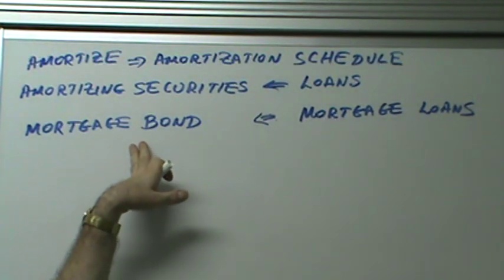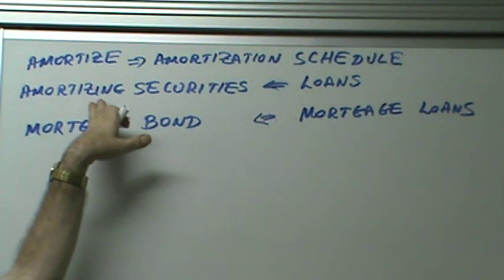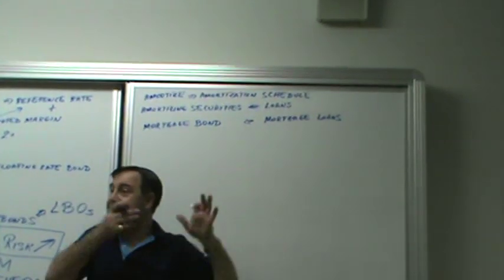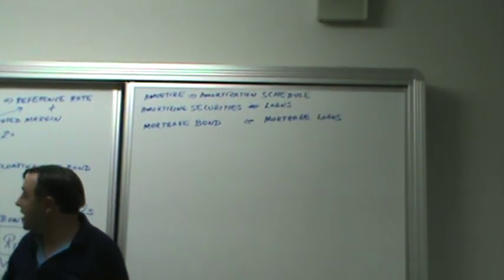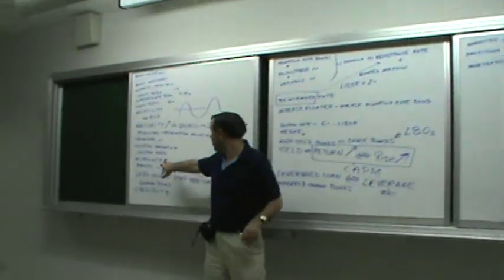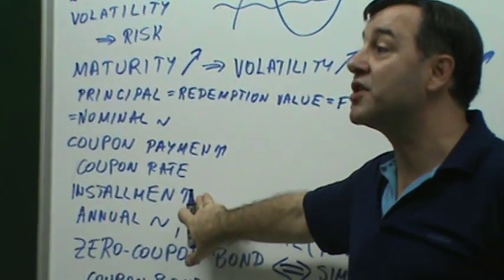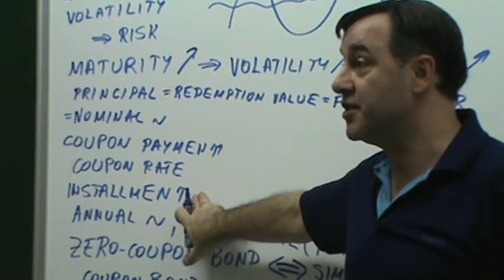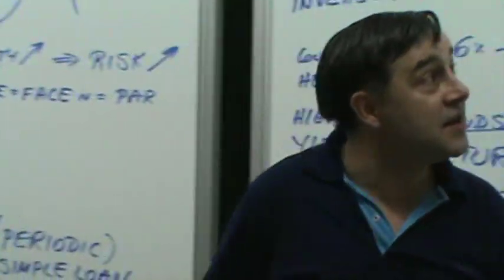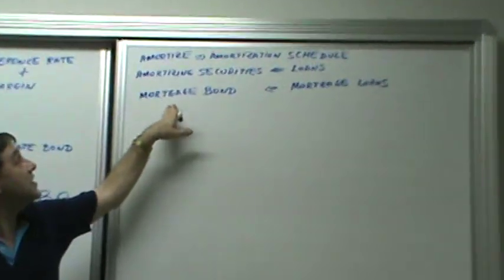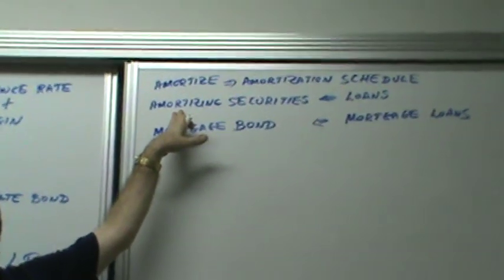And the mortgage bond is an amortizing security because usually the loan is paid down in installments, as I explained over there. So when the borrowers pay down in equal installments and you pool these loans together, you create an amortizing security.